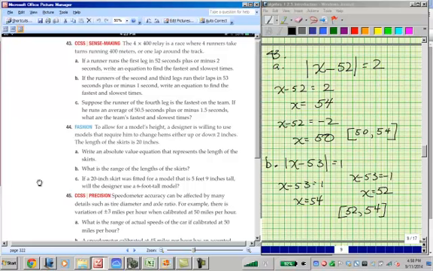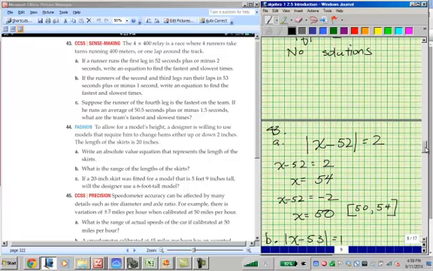The general model we're using here, there are a number of different ways to express this model conceptually, but let's take margin of error, and that's what this plus or minus 2 is, equals the absolute value of the actual running time, let's call that x, minus the average time.